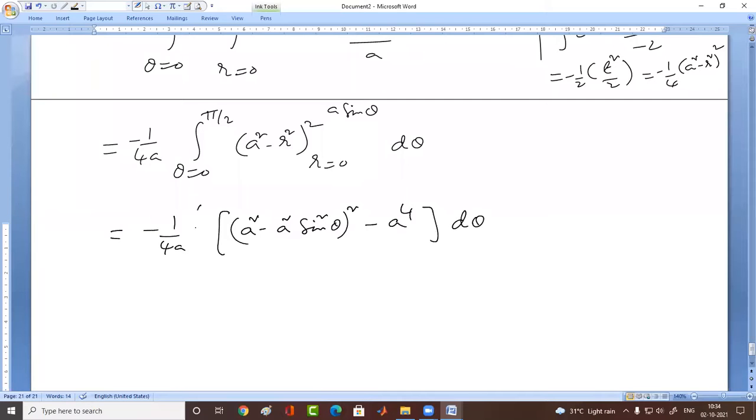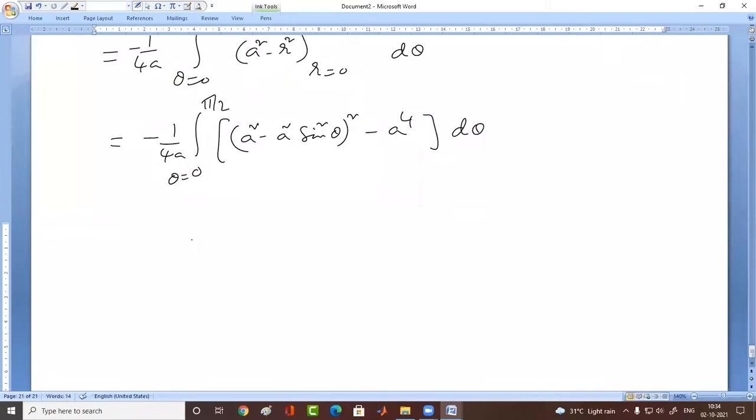Now integral theta 0 to pi/2. Okay, now simplification. Minus 1/(4a), theta 0 to pi/2. Here, if you take a squared common under the whole square, it gives a^4; here also a^4, I will write it as a^4. Now the remaining time is 1 minute.